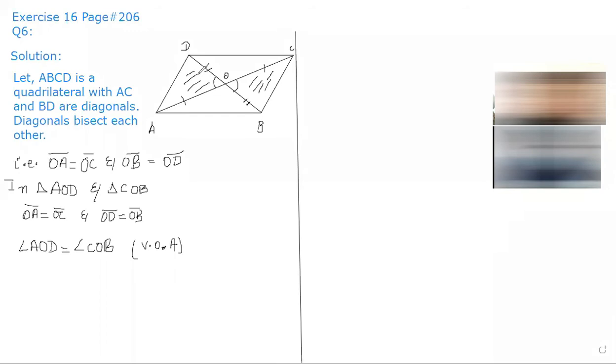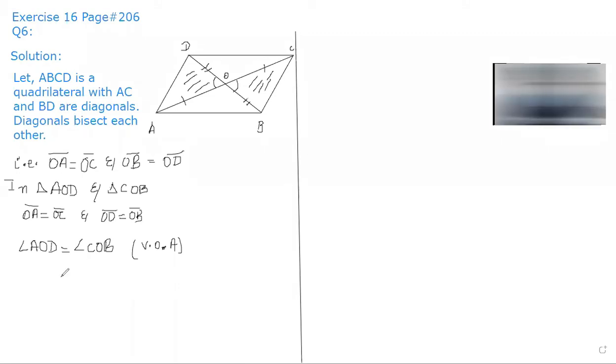By using these sides and angles, we have concluded that their sides are equal and the angle between them, the included angle, is also equal. So it satisfies the condition of congruency of a triangle.